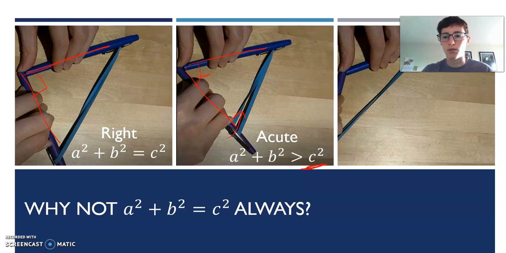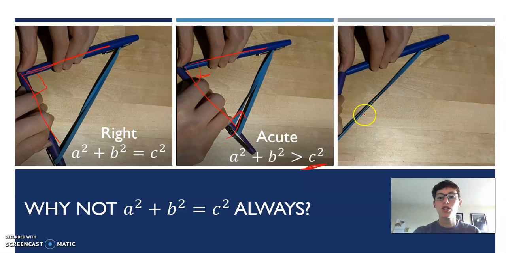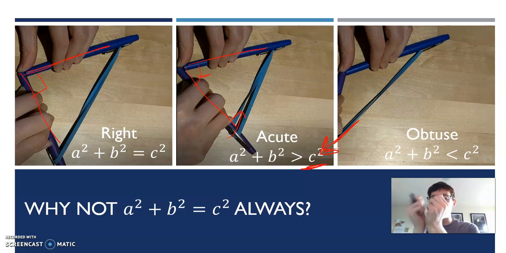When I let it stretch out beyond what that right angle is, notice again it's pushing the two legs apart. So now it's going beyond 90 degrees, and we call that obtuse. So now that hypotenuse is too long for that perfect relationship right here.